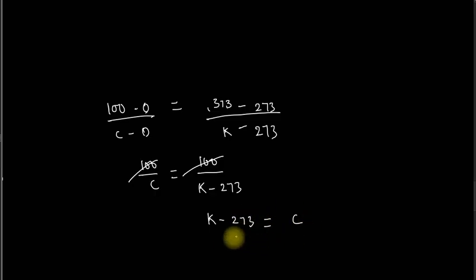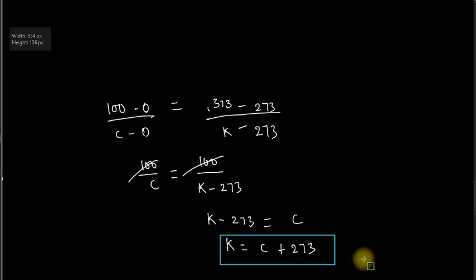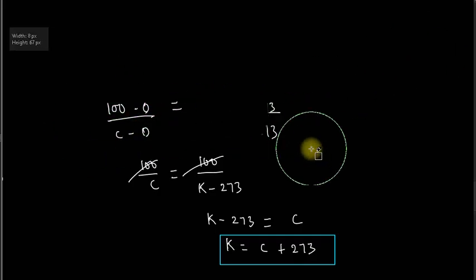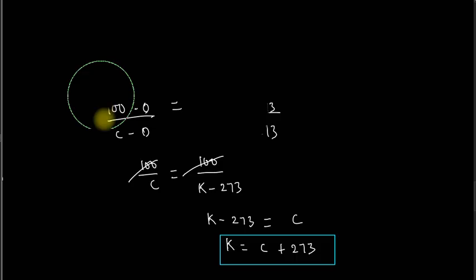Therefore, if you want to convert Kelvin to Celsius, you just subtract 273. And if you want to convert Celsius to Kelvin, you add 273. That's what makes this formula as simple as that.